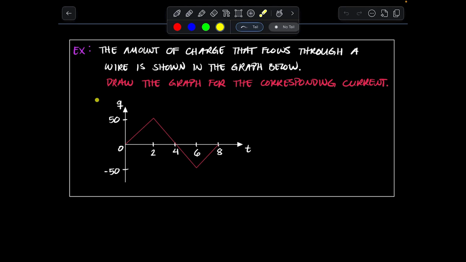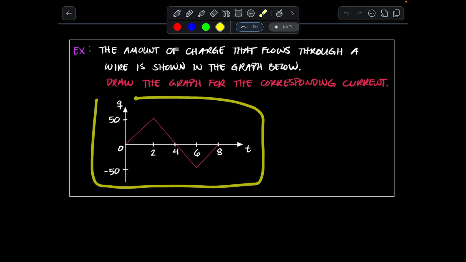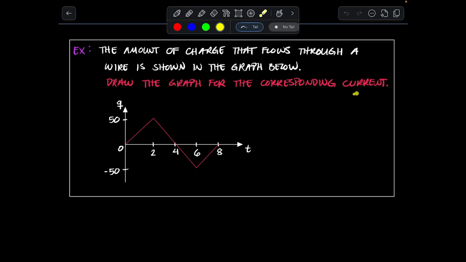For this example, we are given a graph that shows the amount of charge that flows through a wire. And we need to draw the graph for the corresponding current. So here we have an interval from 0 to 2. We also have an interval from 2 to 6, and our last interval from 6 to 8.